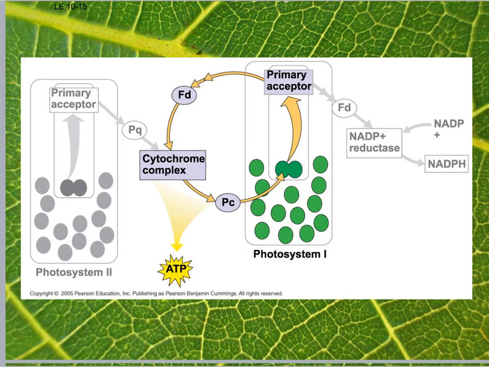All right, so if we do need to just make ATP because we're a little bit ATP in debt, what we're going to do is only do the photosystem 1, and we're going to do it in what we call the cyclic cycle. So what happens is, same thing, an electron gets excited, goes up here, goes down, makes ATP. Once again, it gets hit with another photon of light, goes up to here, but instead of going this path, which would get us NADPH, it gets dumped back into the electron transport chain.